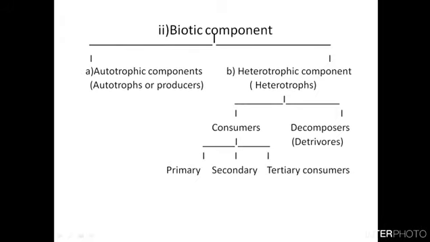So you can see a kind of food chain is already being produced, because the producers produce the food which is taken up by the consumers.